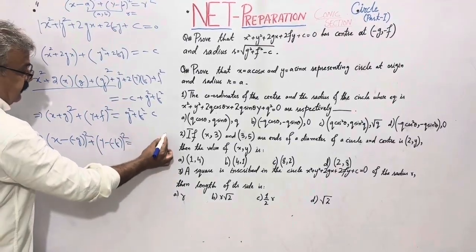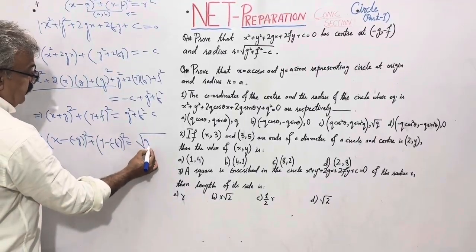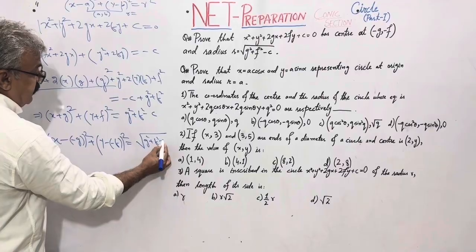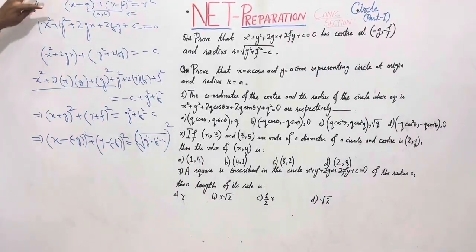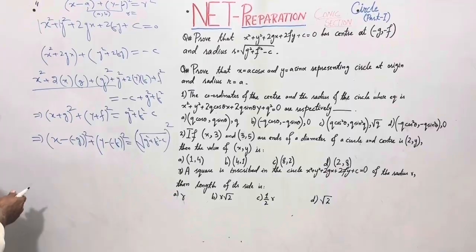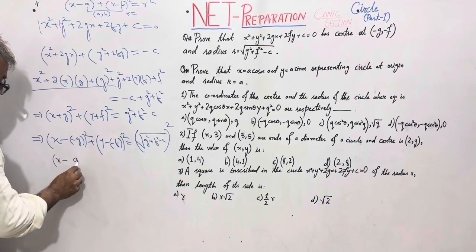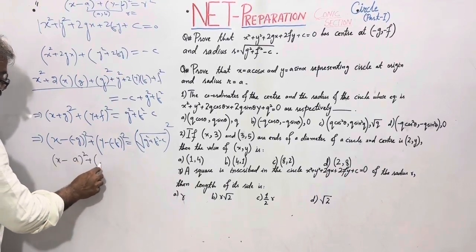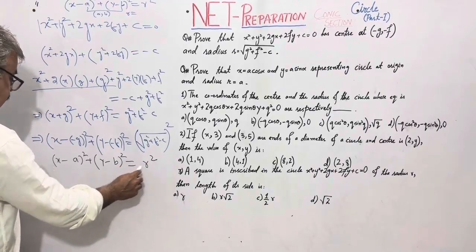And here I can write the right side as (square root of g square plus f square minus c) whole square. Now compare with our standard equation: (x minus a) whole square plus (y minus b) whole square is equal to r square.